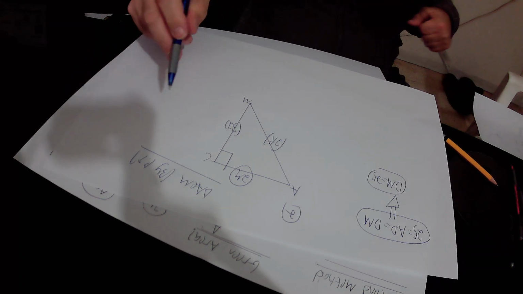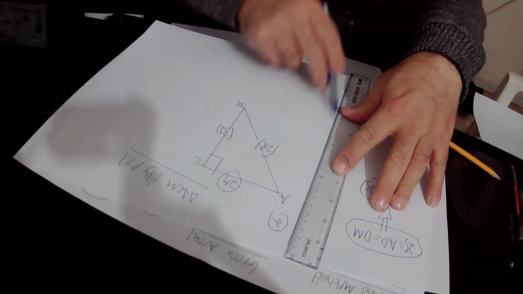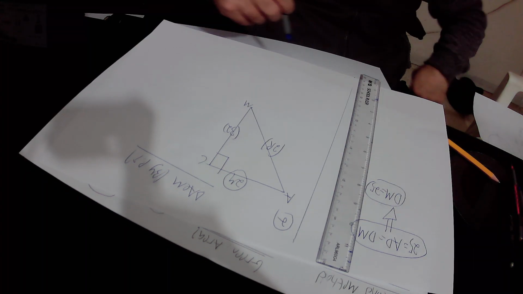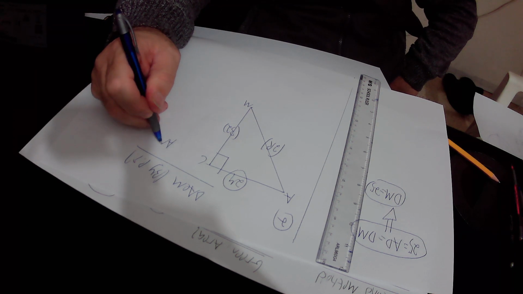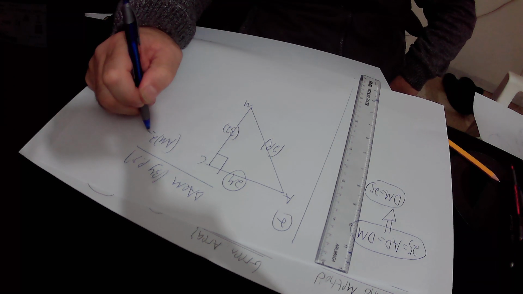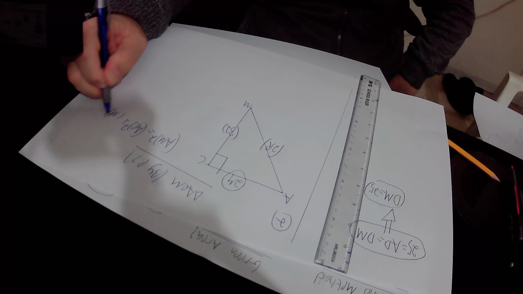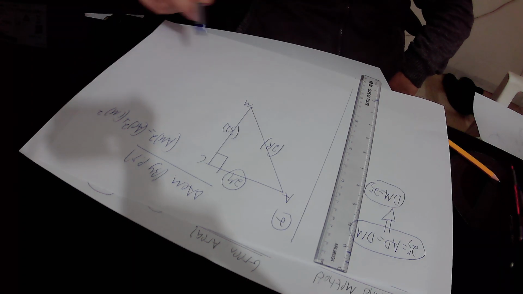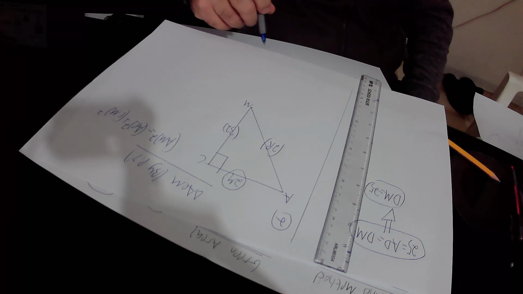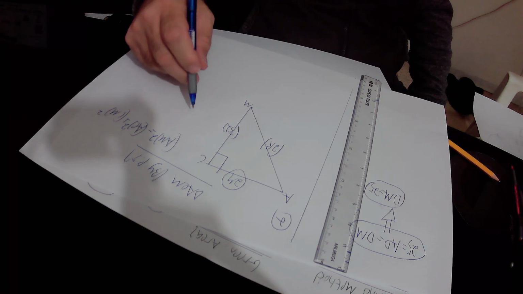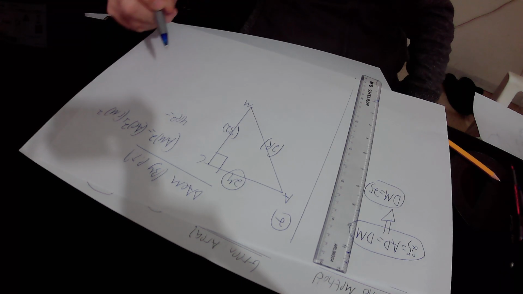Now we'll implement on this right triangle ACM the Pythagoras theorem. According to the Pythagoras theorem, AM squared equals AC squared plus CM squared. AM is 2r, therefore AM squared is 4r squared, and it equals AC squared.